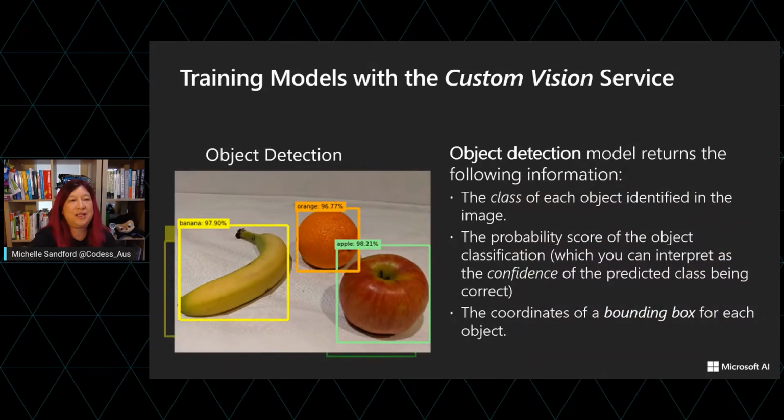Also, when you're doing object detection, the AI is never 100% sure. This is unlike people. You'll notice that a lot of the time people claim to be 100% certain that they saw something or they saw someone, whereas the AI is a little bit more truthful.